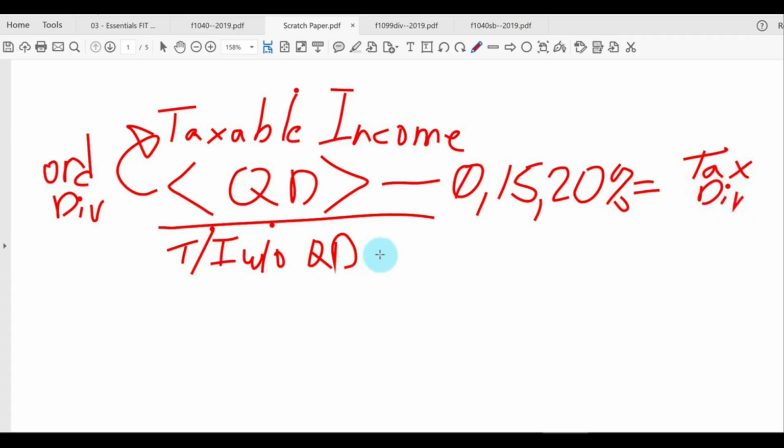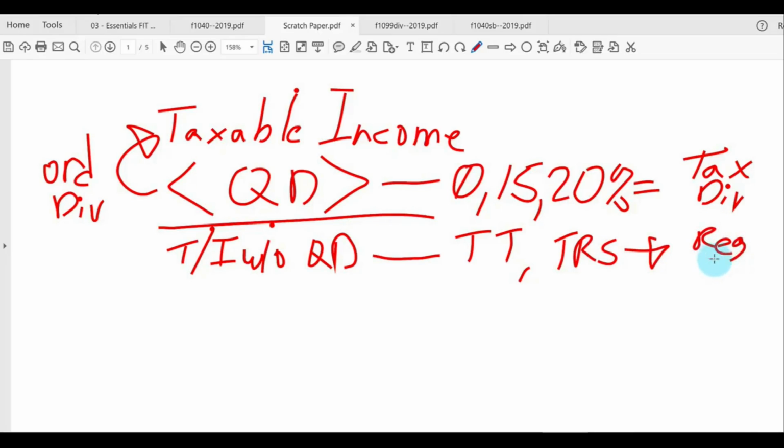And then the rest of the income in this taxable income without qualified dividend, we're going to tax the same way that we had learned back in chapter 2, either using the tax table or the tax rate schedule, to figure out what we call regular tax. And then we add up the two amounts of taxes to get the total tax for the year, the tax liability.